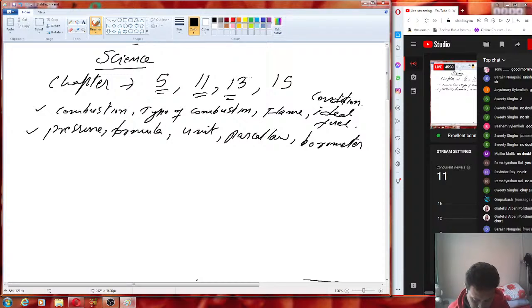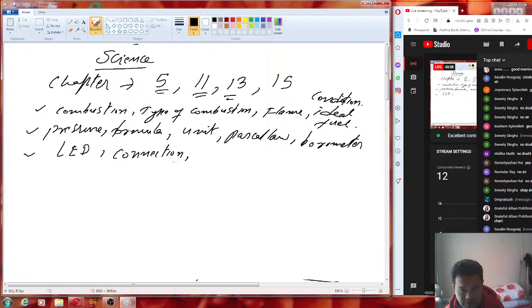Here you have to know mostly about electricity, and then the full form of LED, then about all those connections on LED, then about the chemical effects of electric current.